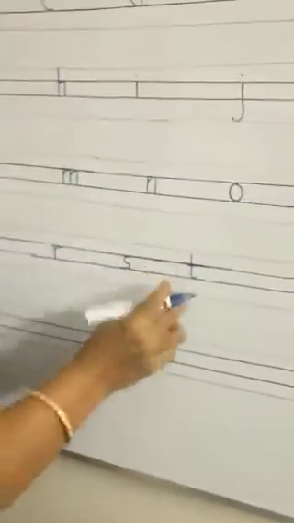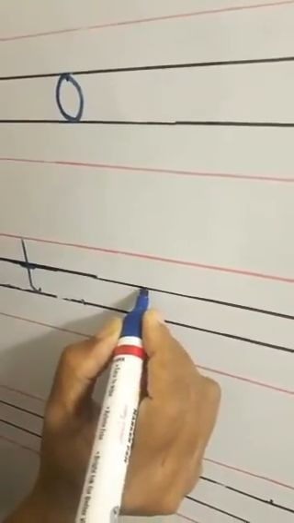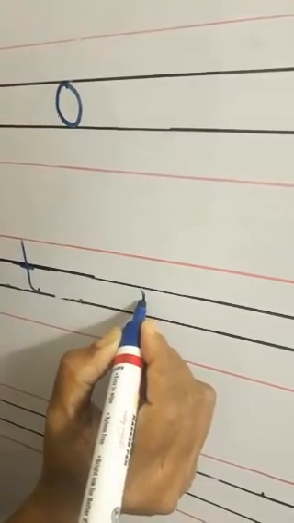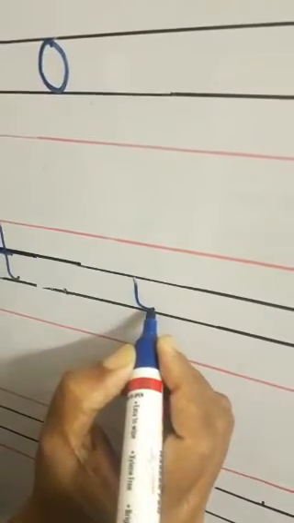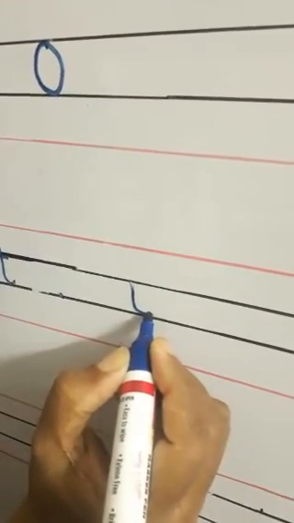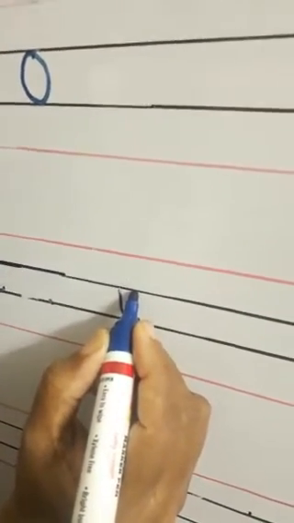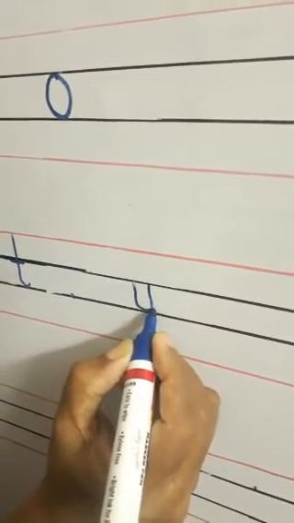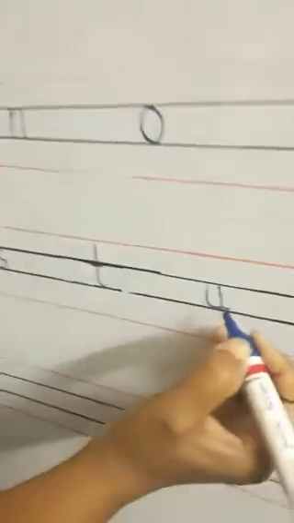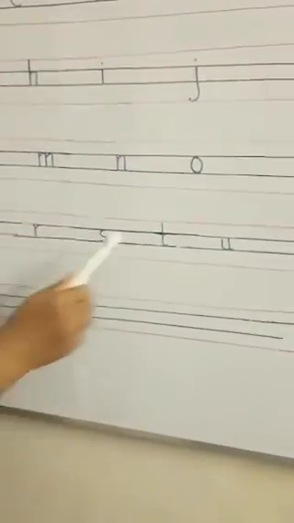Okay, then T after T, U. For writing U, start from the middle and draw a standing line towards the bottom with a small curve and again go to the middle and draw a standing line to end with a small curve. Okay, this is U. U after what?